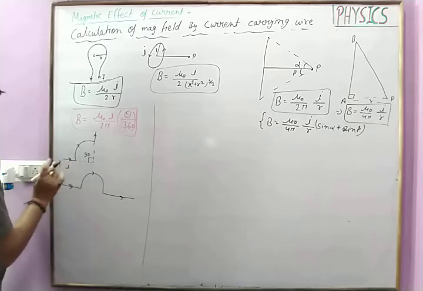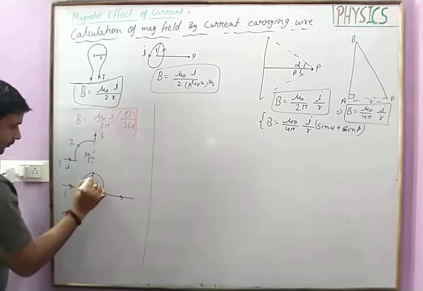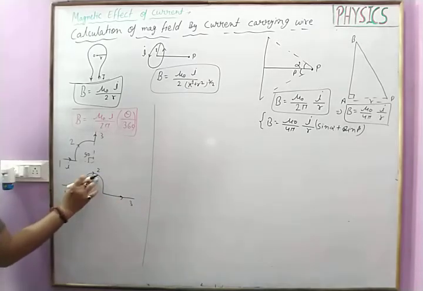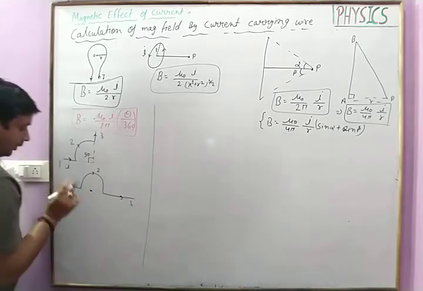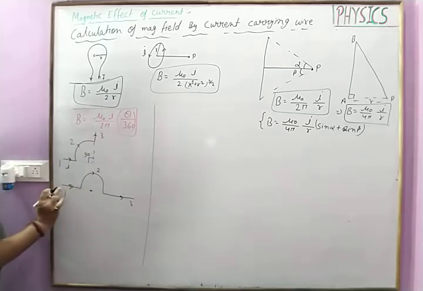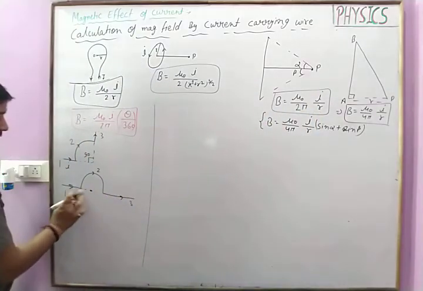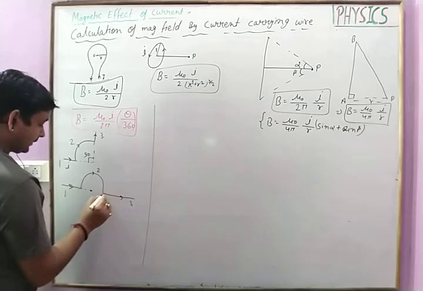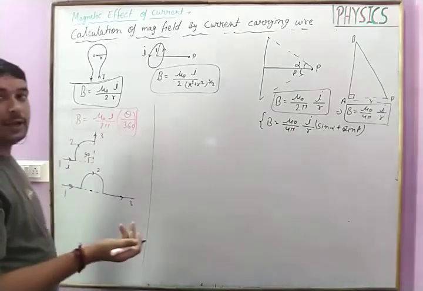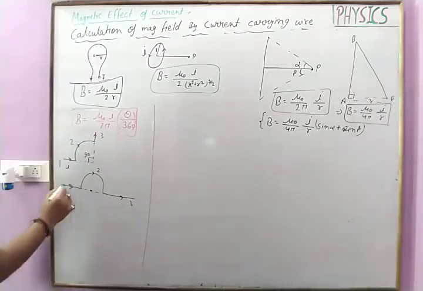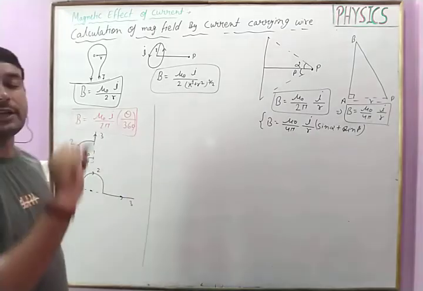This is point 1, this is point 2, this is point 3. Similarly, points 1, 2 and 3 having current I, and we need to calculate the magnetic field at the center. For this situation we first find the field for the straight wire by the formula, and this is at center. And for this again by the same formula, and then we add the total magnetic field at point 1, point 2, point 3, say B1, B2, B3, and then we calculate the total magnetic field.